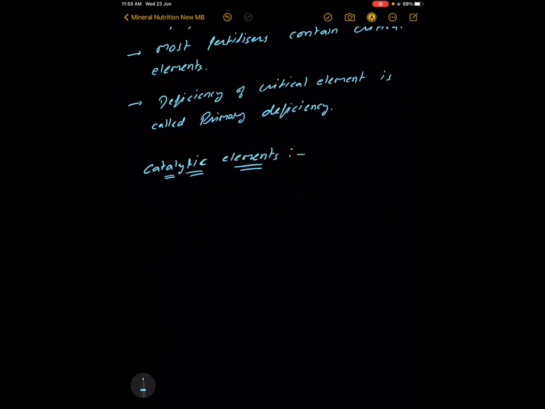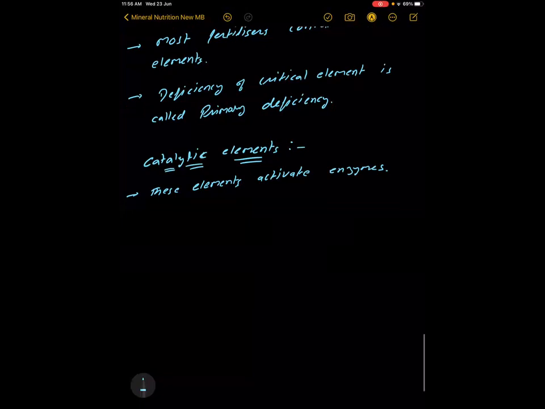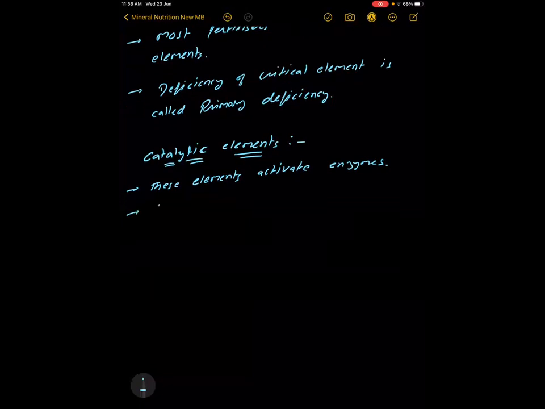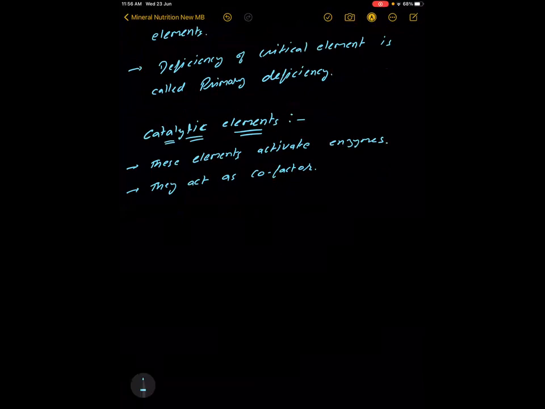These elements actually activate many enzymes. They act as cofactors.